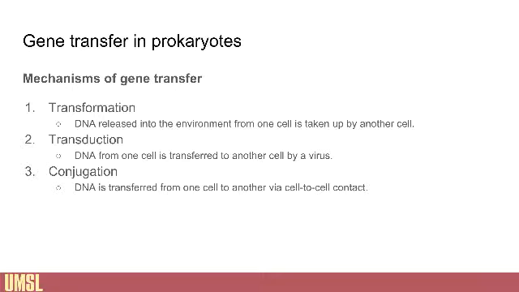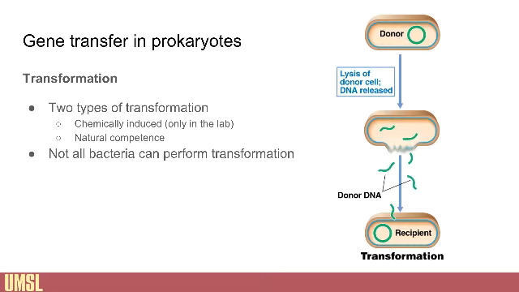We went through the first couple last time, so transformation: some bacteria are capable of taking up DNA from the environment and incorporating that DNA into the chromosome. That happens through neighboring cells dying, and the DNA that's liberated into the environment can be taken up by recipient cells that are naturally competent.